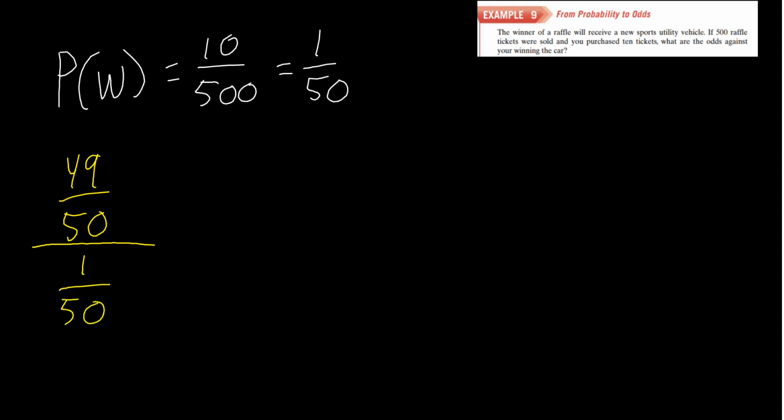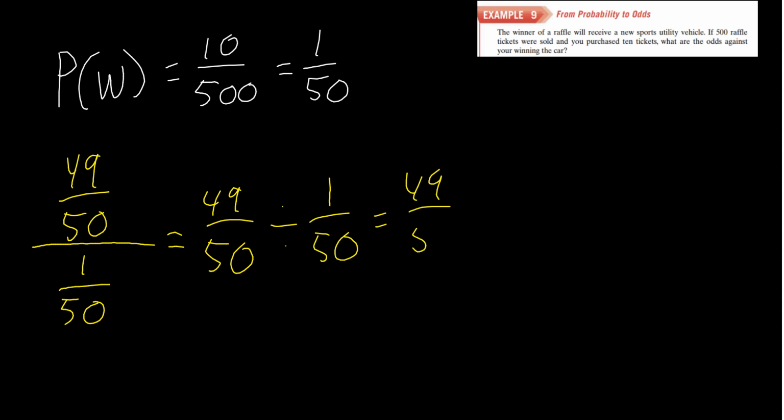And again, we can go ahead and rewrite this something like this. Over 50, which we know that we can rewrite as 49 over 50 times 50 over 1.